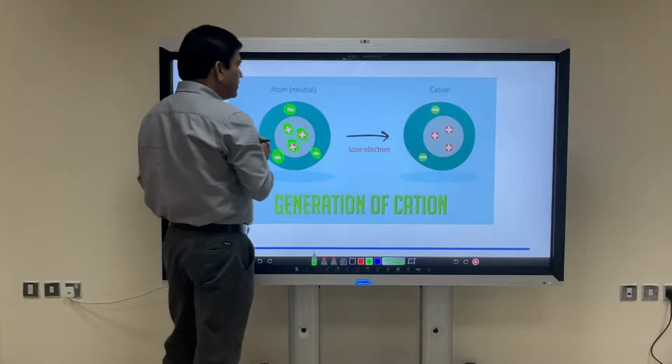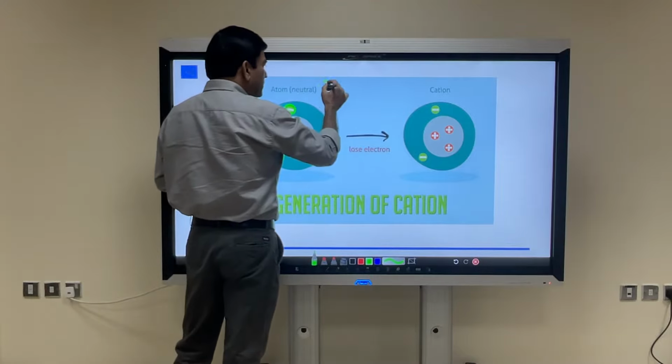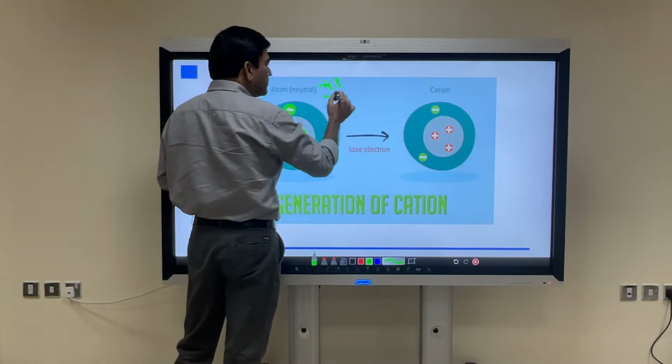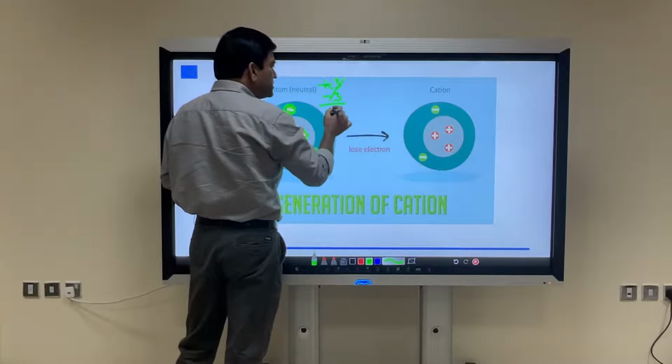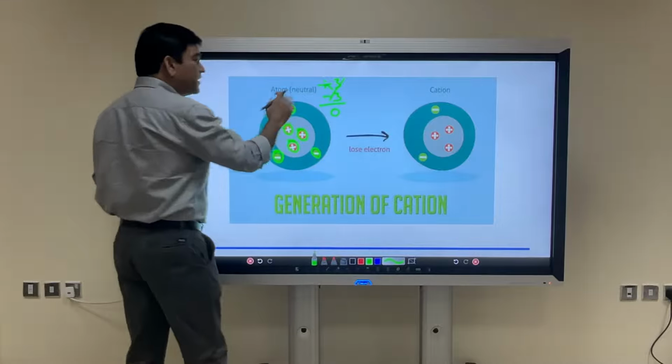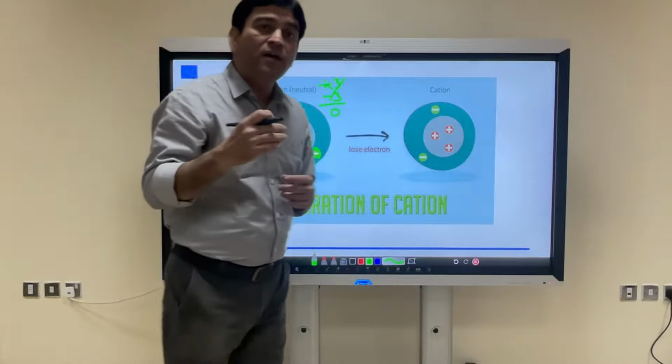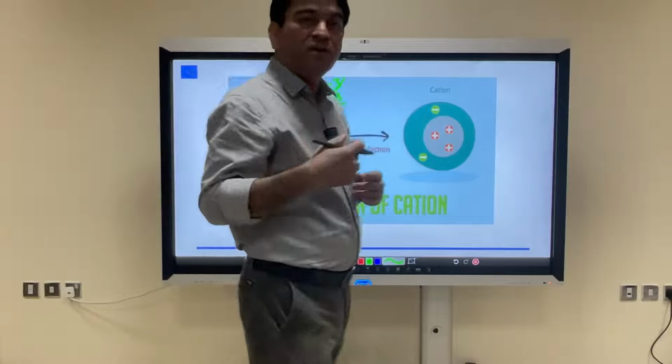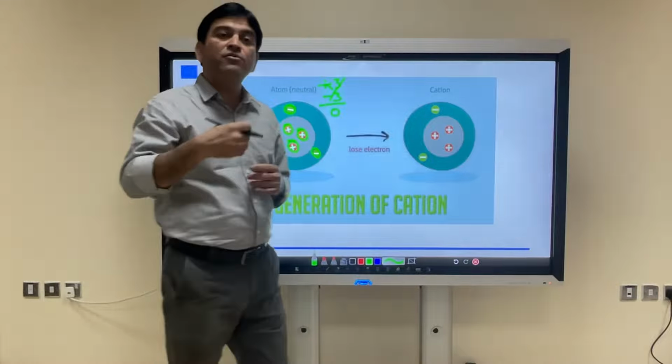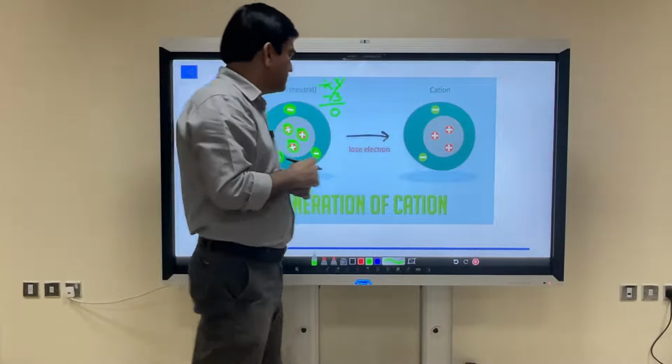So you have +3 and -3, so the net charge is 0. So the atom is electrically neutral in nature. Why? Because it has the same number of positive and negative charges, or you can say the same number of protons and electrons.